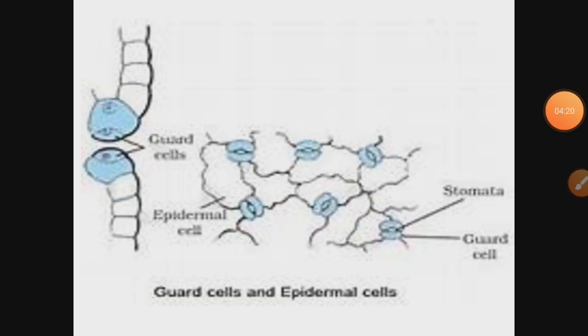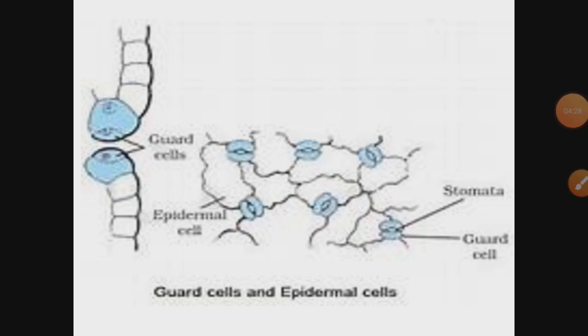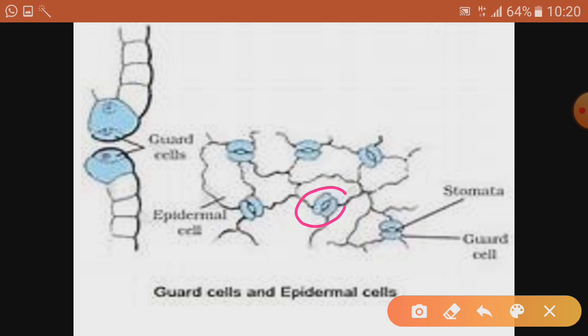Now this picture will give you a clear understanding of the epidermis. Epidermis is a thin layer of cells which has stomata at places. You can see these are the epidermal cells, or neighboring cells, and you have stomata at places.